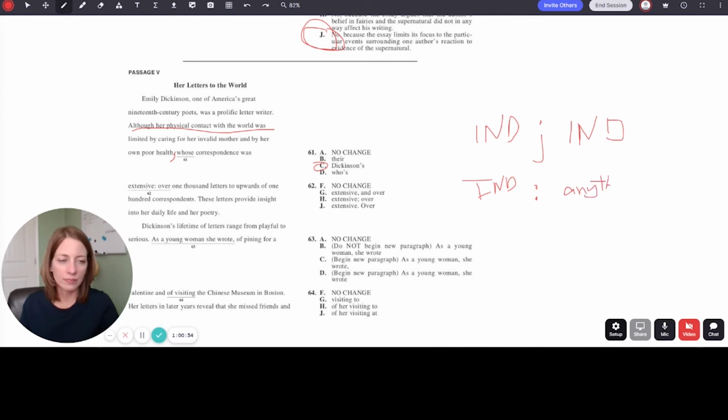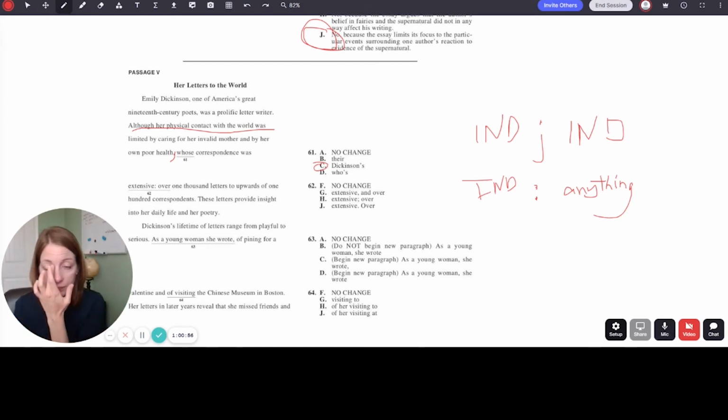All right. So let's check the colon. To the left of it, Dickinson's correspondence was extensive. Okay. So that is a sentence to the left. All right. Over 1,000 letters to upwards of 100 correspondents.